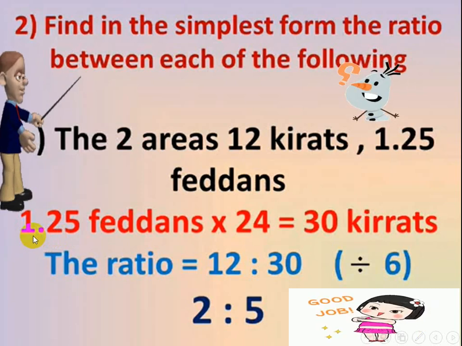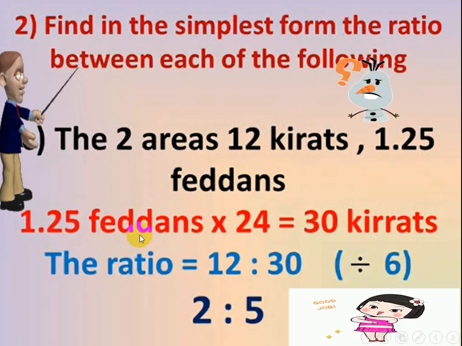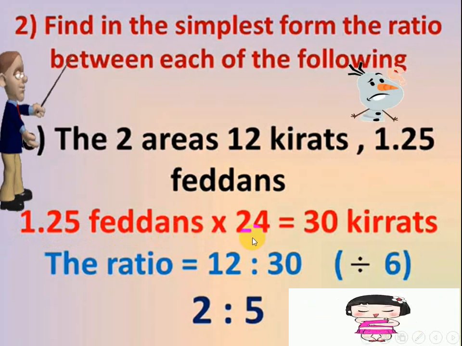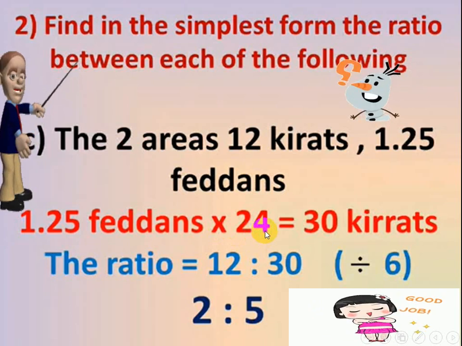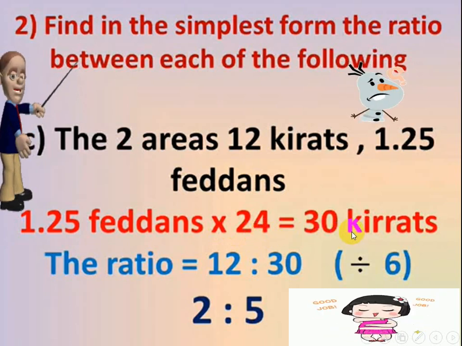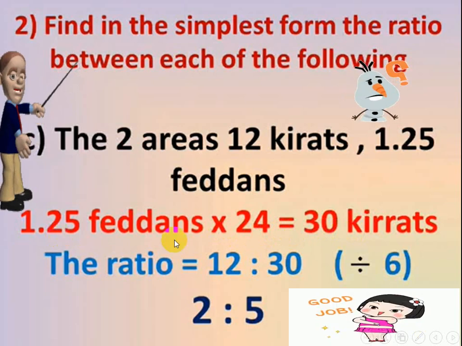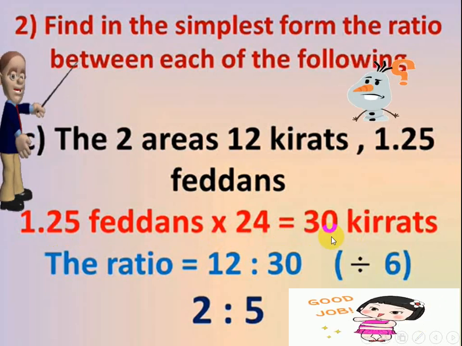So I'll convert now 1.25 faddans into carats. 1.25 times 24 equals 30 carats. Then 1.25 faddans equals 30 carats.